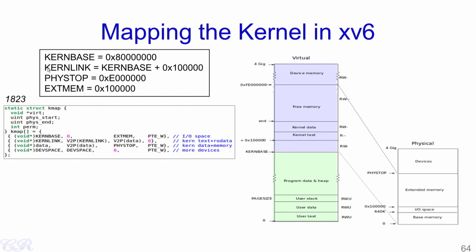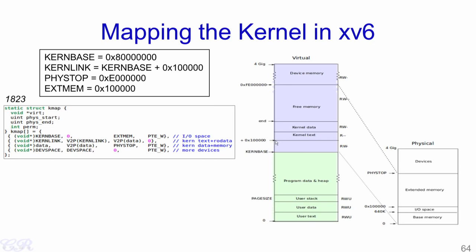Another important macro is kern link, which is kern base plus 1 MB. As you see over here, this particular point, kern base plus 1 MB, denotes the kern link. This location is important because it is where the kernel code and data are present.